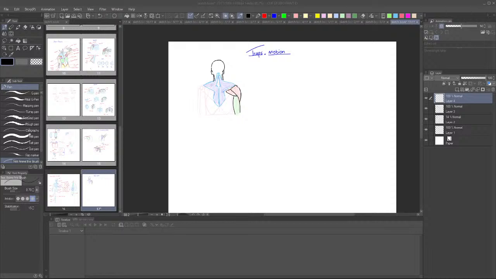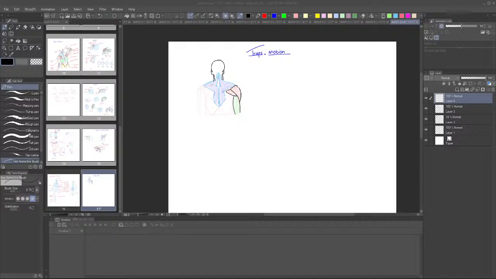So that tomorrow I'll finish up with these muscles.